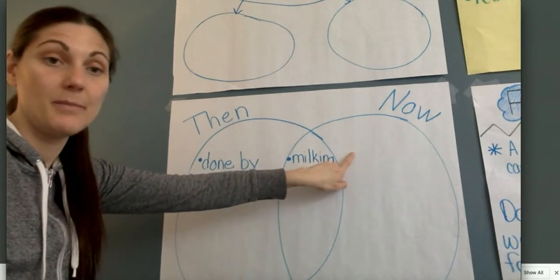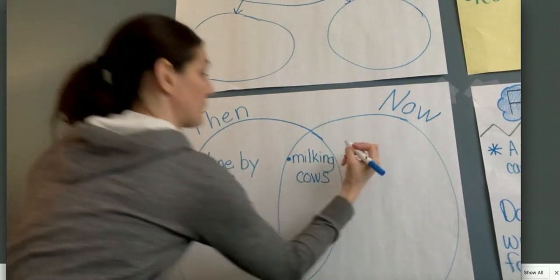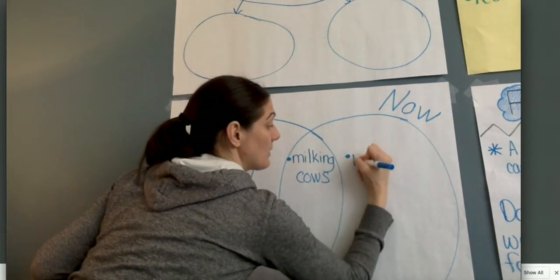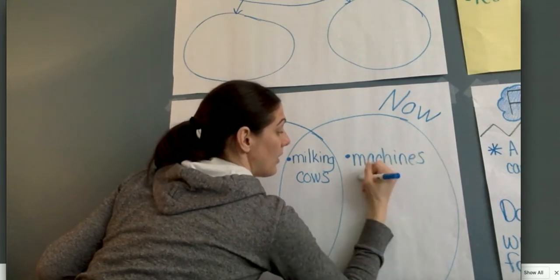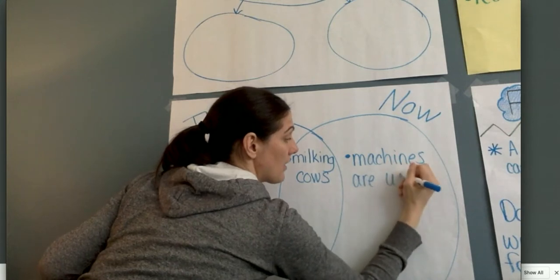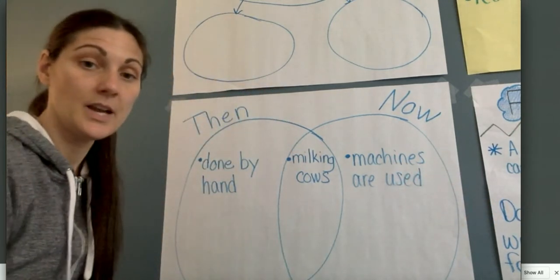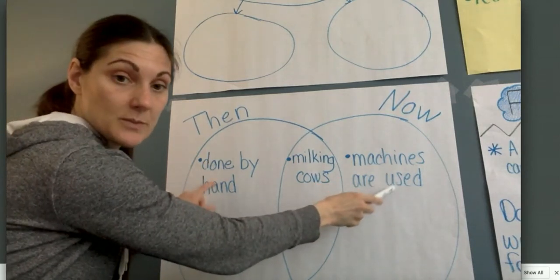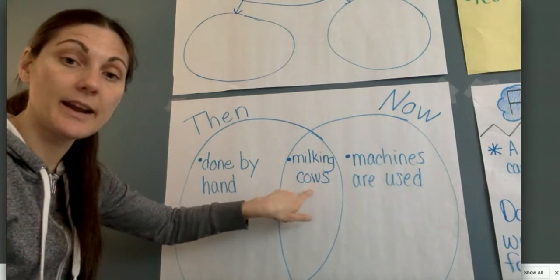And now milking is done by machines, right? So I'm going to say machines are used. Okay, so here's my differences where I'm contrasting things that are different, and here's my similarity, things that are the same.